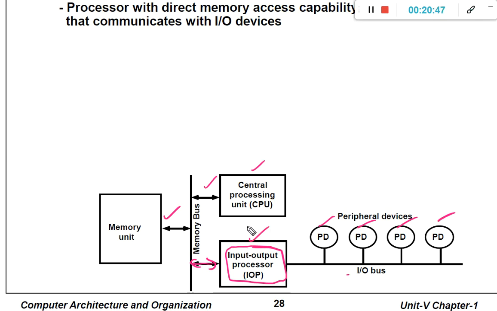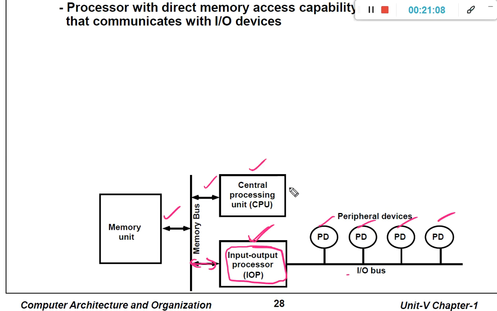So now there are two processors in the system. One is the central processing unit, the CPU, which is going to execute the memory reference instructions and register reference instructions, and there is a separate input-output processor, which is going to execute the I/O instructions.